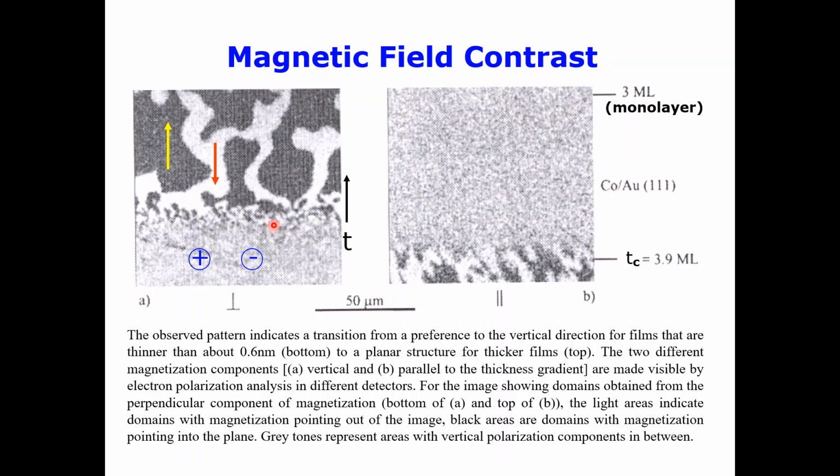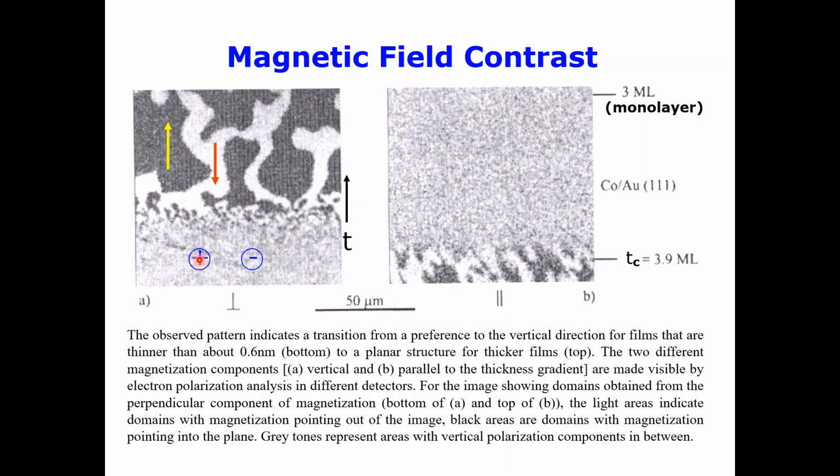For the image showing domains obtained from the perpendicular component of the magnetization, you can see it at the bottom of this figure, and the same thing at figure B at the top. The light areas indicate the domains with the magnetization pointing out of the image.